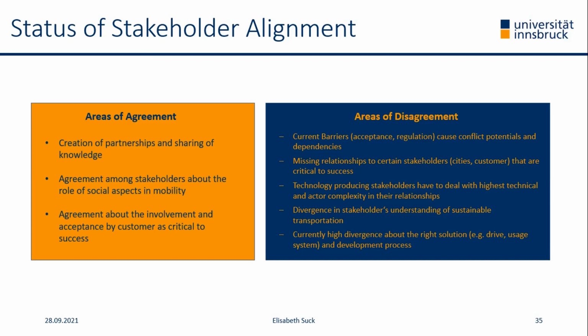But on the other side, we have at the moment many areas of disagreement between the different stakeholder groups. Firstly, we have huge barriers such as the regulative dependencies and conflicts, because the regulative tensions and problems are one major cause for conflict potentials and dependencies at the moment.